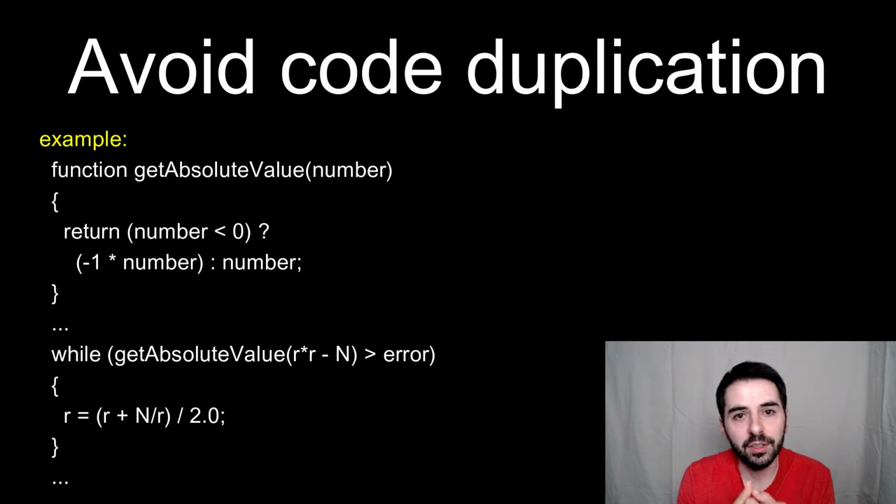But imagine if we needed to calculate the absolute value multiple times in the program. We would copy paste that same code n times. Instead, we can just put that code into a function, call it absolute, which would take an input number and return an output, which would be the absolute value, and then just use that function. So that's one benefit, avoiding code duplication.